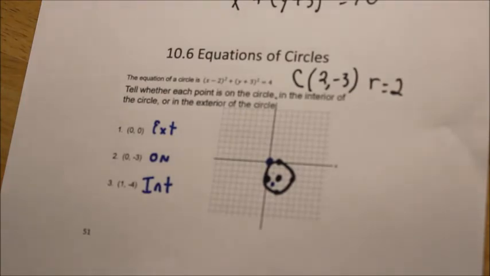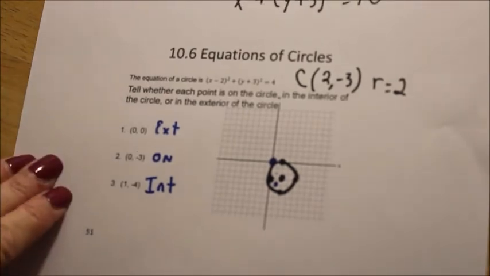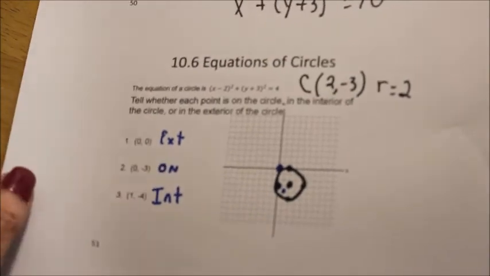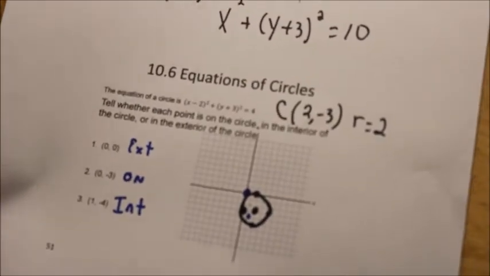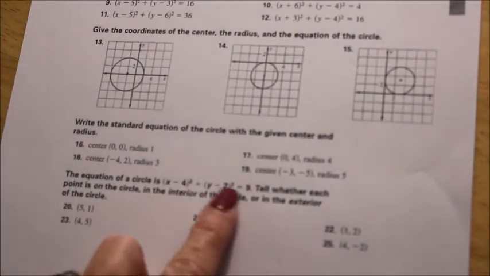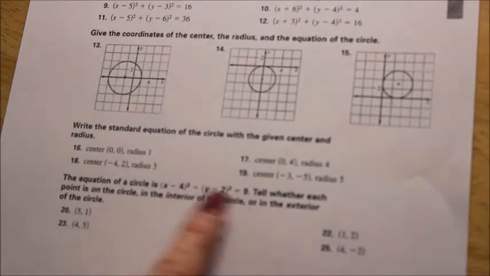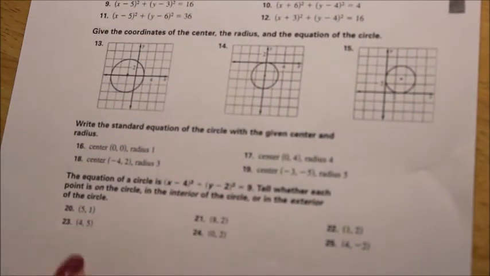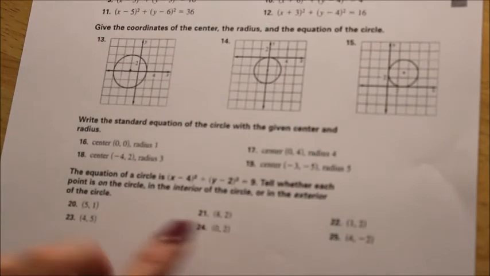Now, before you hit stop, I wanted to take a second and go through what I want you to do on the assignment 10.6. So let me bring the worksheet over, and it might be helpful for you to take some graph paper, especially on the problem down here on the bottom. It's kind of what we just did. Take a piece of graph paper and graph the circle. And then that way you can actually see it.